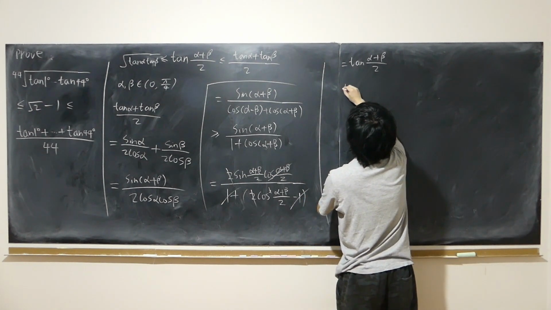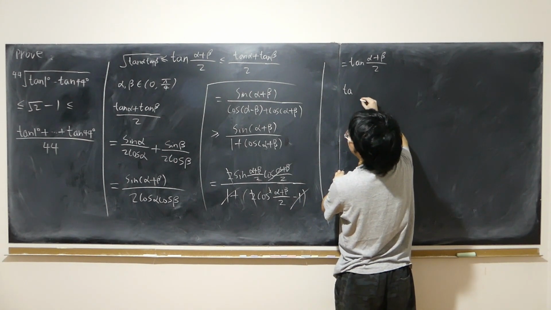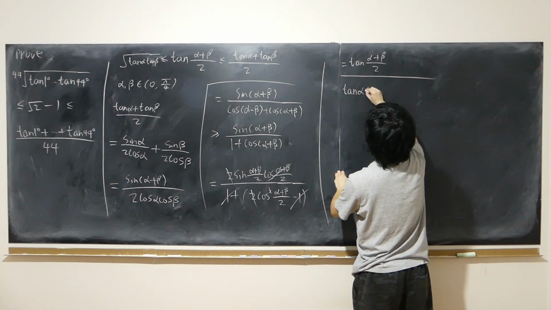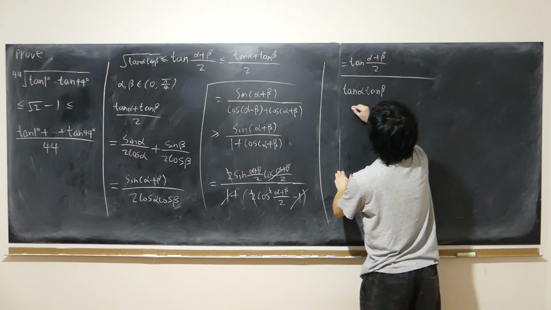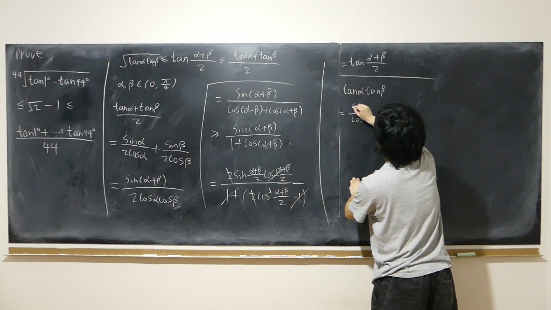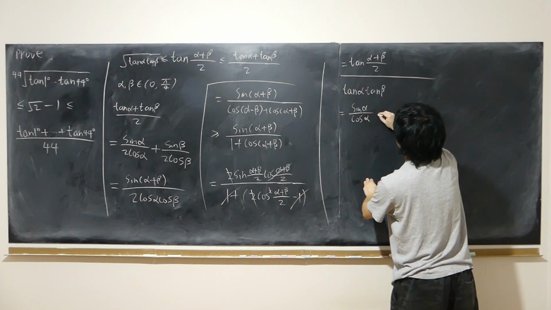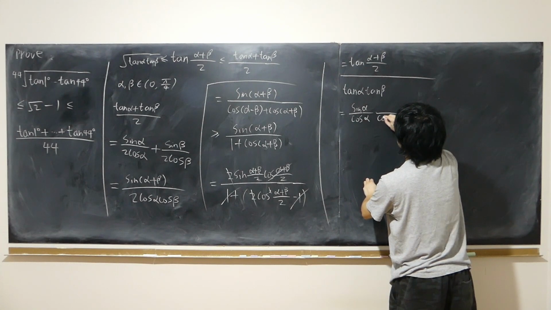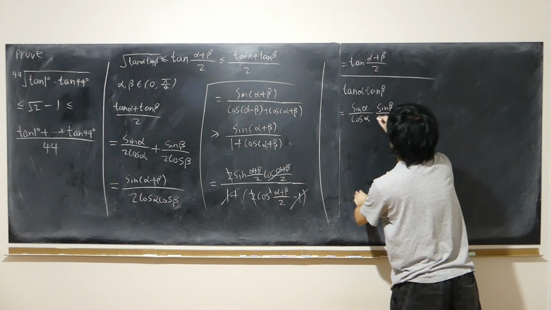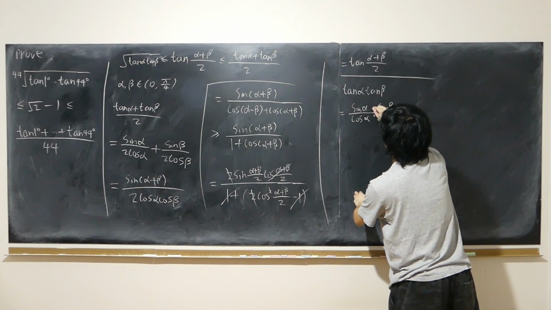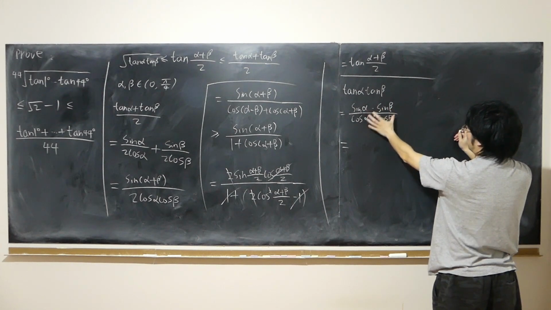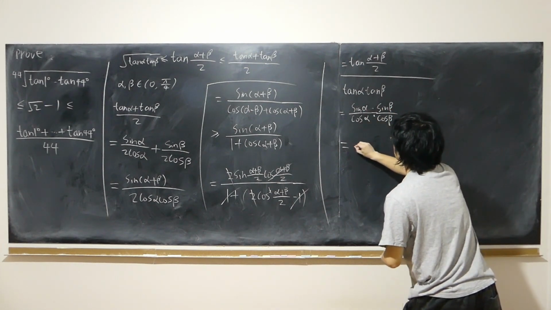So I'm going to first, without the square root, take tangent alpha times tangent beta. That is equal to sine alpha over cosine alpha times sine beta over cosine beta. Again, we turn this product into sum, right?